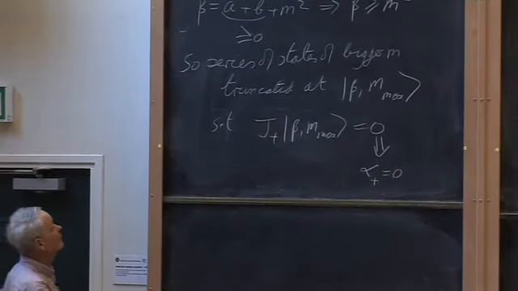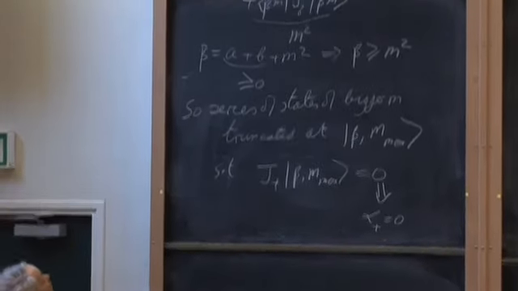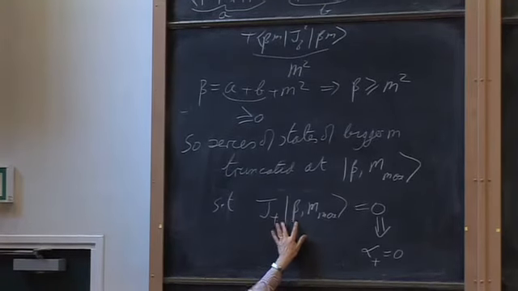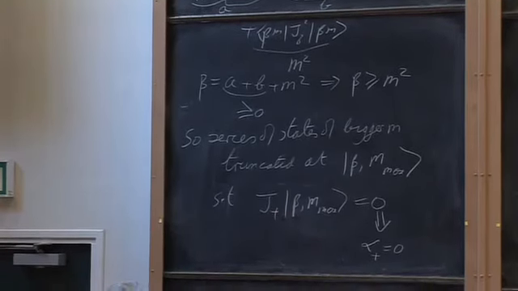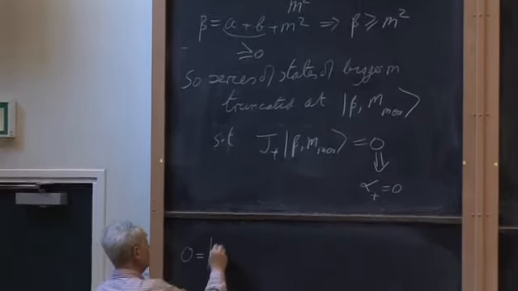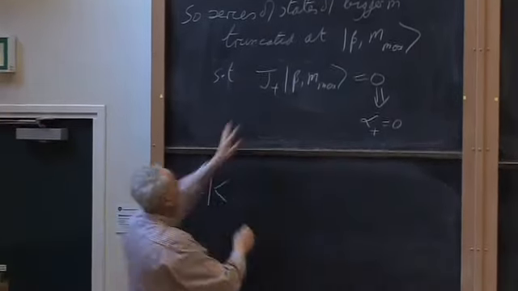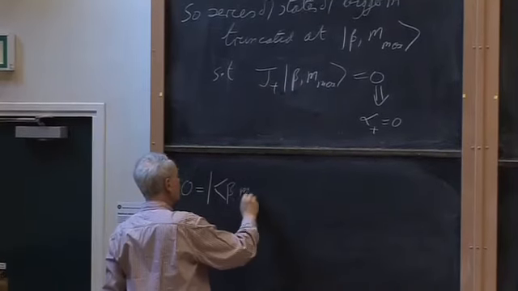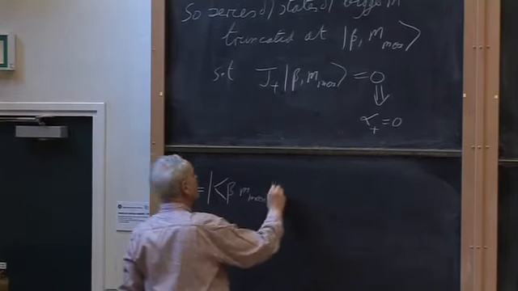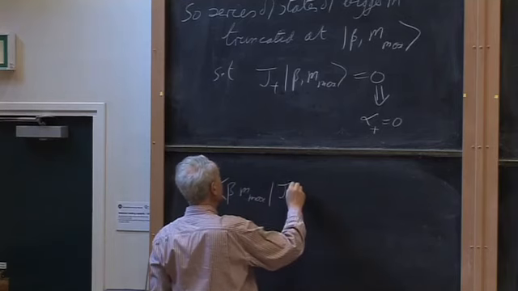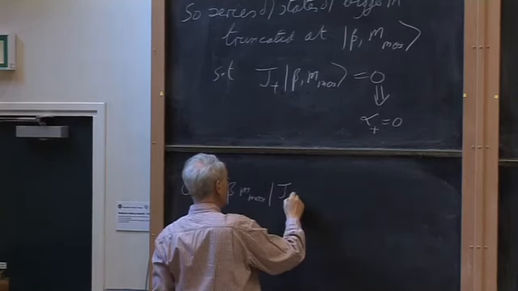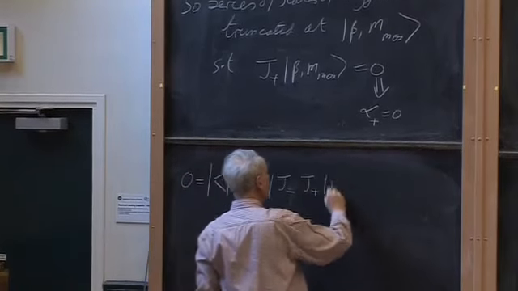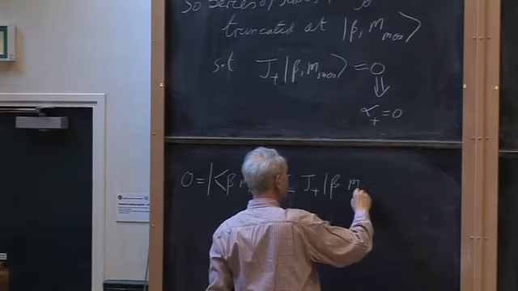So what we have to do now is look at the mod square of this state and show that it's 0. So we have that naught is equal to the mod square of this, which is going to be this Hermitian adjointed, times j plus dagger, which is j minus, times j plus, times beta m max.